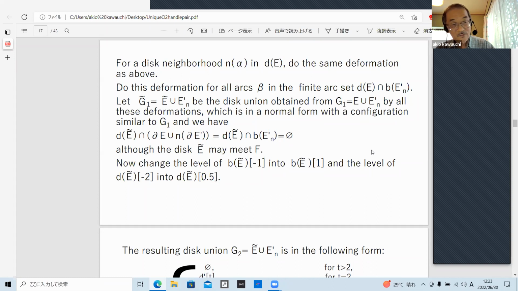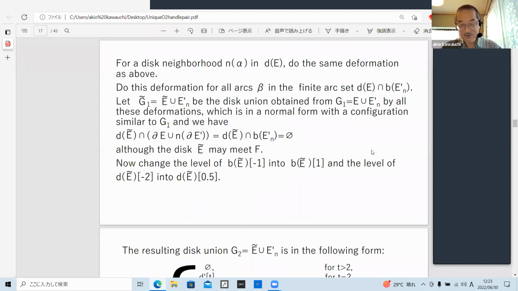So only E tilde is deformed, and to get this no intersection situation. But in that case, this is an important point: E tilde may intersect F.